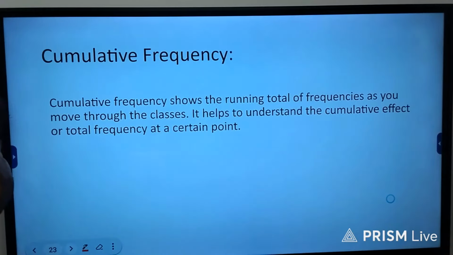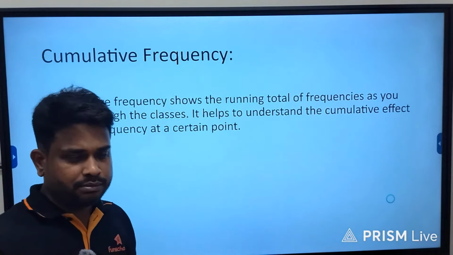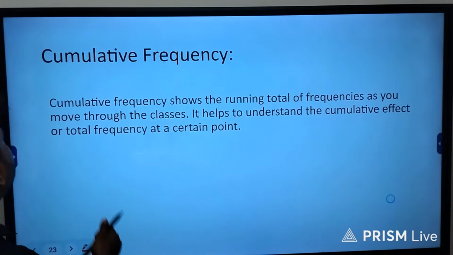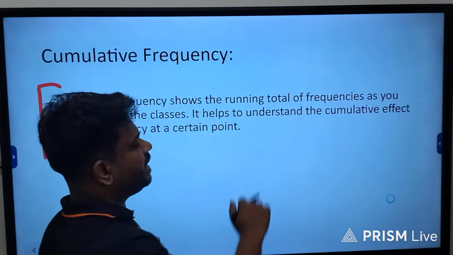The next thing is cumulative frequency. Cumulative frequency comes up in some problems. Cumulative frequency is just the running frequency.